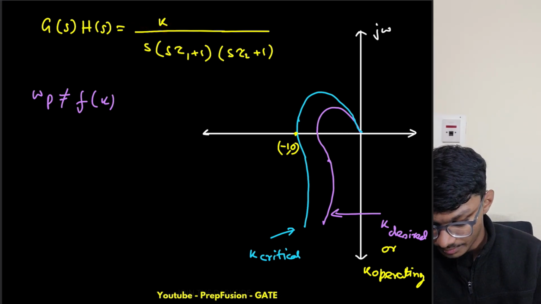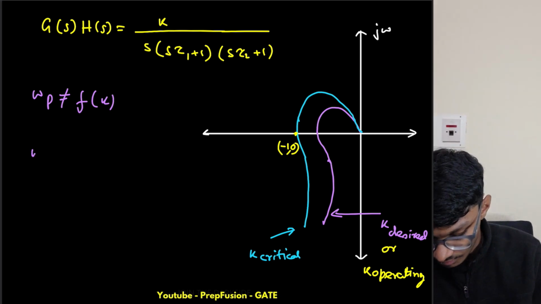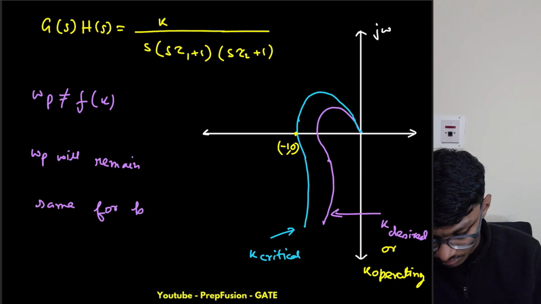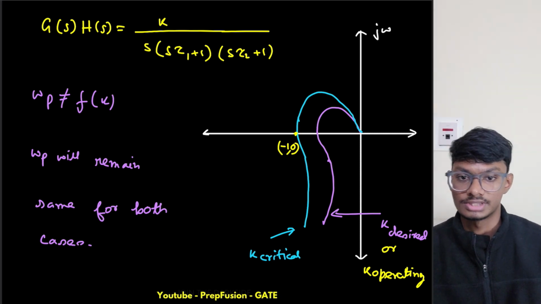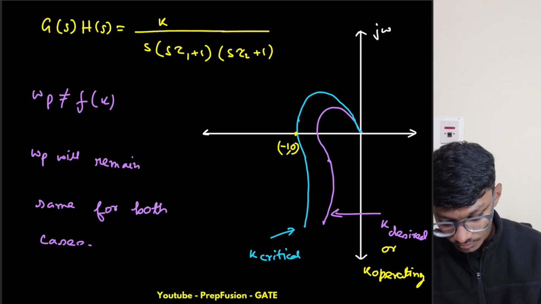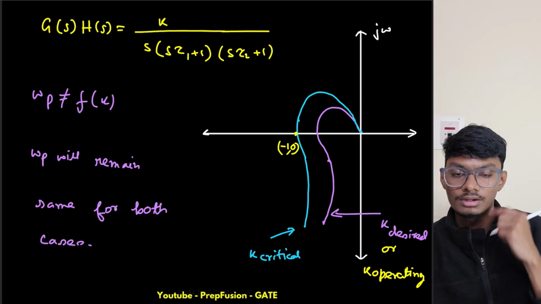So omega p will remain the same for both cases. If my omega p is the same for both cases, what can I say? Only the gain margin will change.